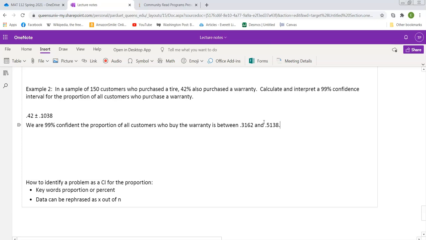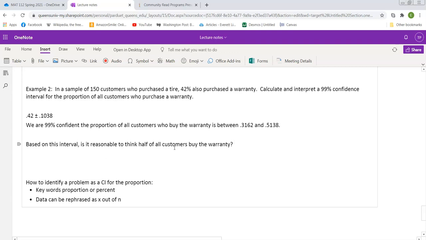They may ask us, based on this interval, does it seem reasonable to think that half of all customers buy the warranty?